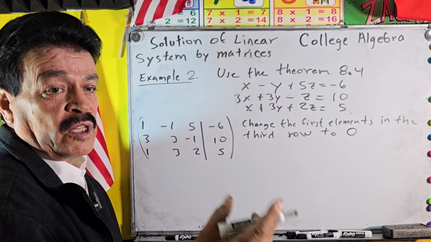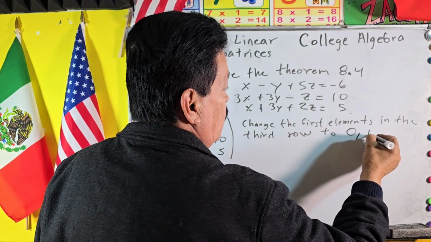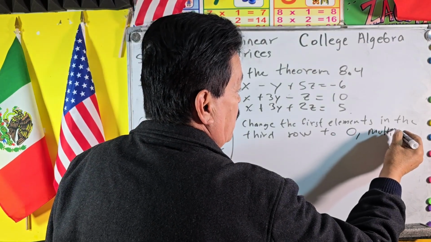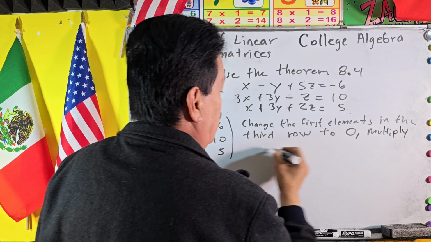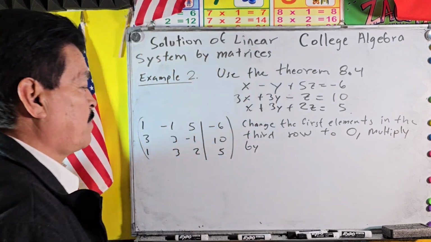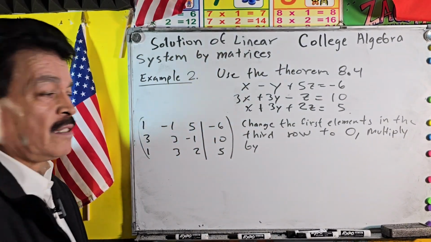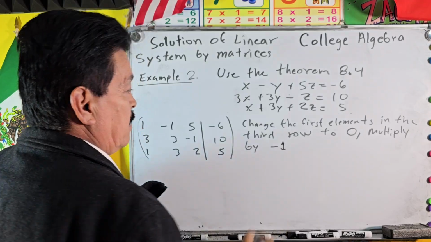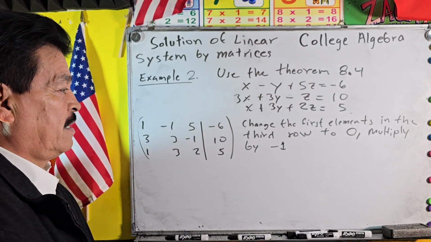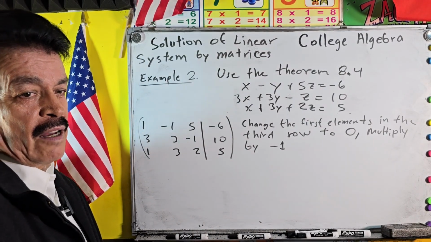All right. So multiplying here, in this case by -1. Okay. That's our step.